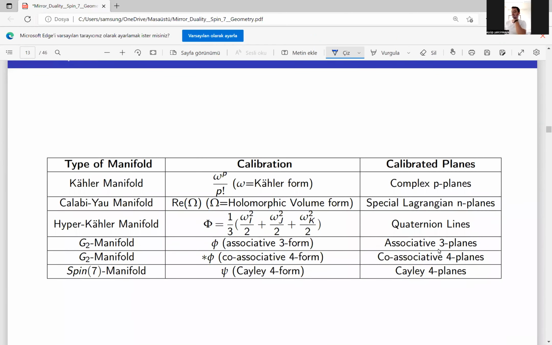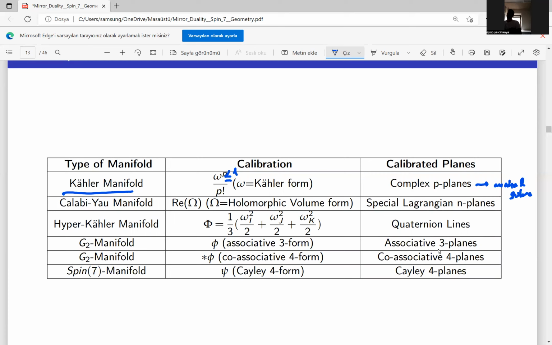If you are in a Kähler manifold, you remember I said this is smaller than or equal to 1. This Kähler form is named by this equality, the Wirtinger inequality. Okay, and calibrated planes, this is the minimal plane, the minimal submanifold.